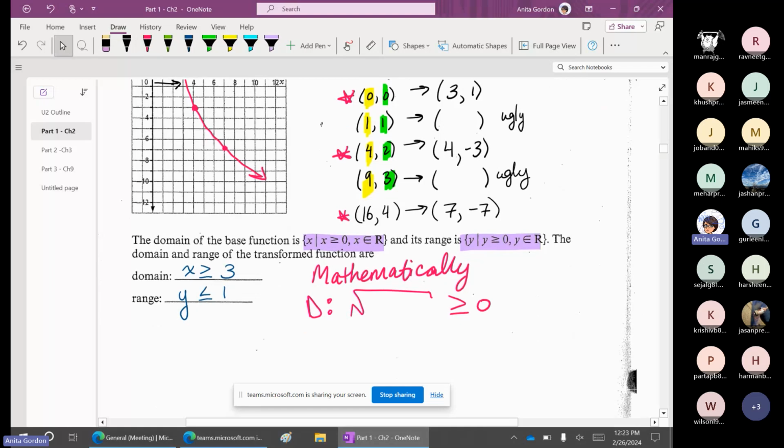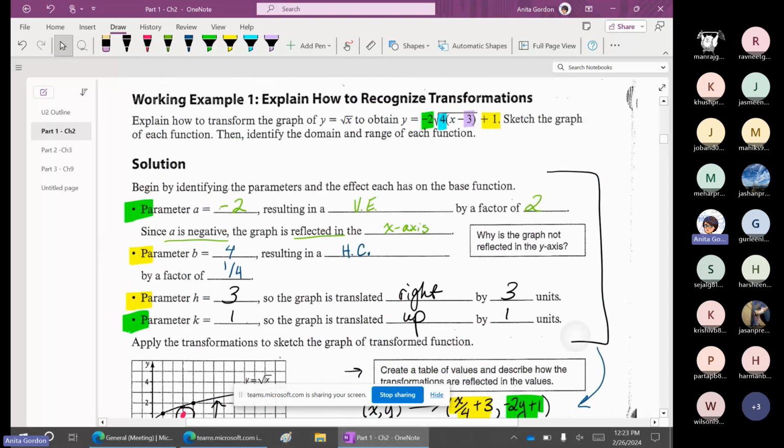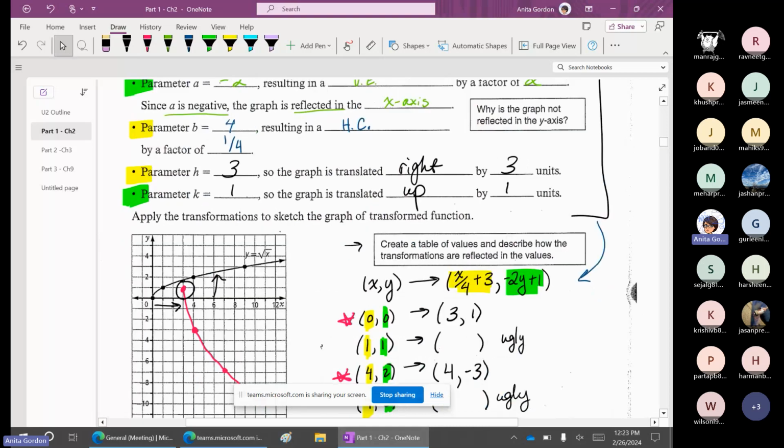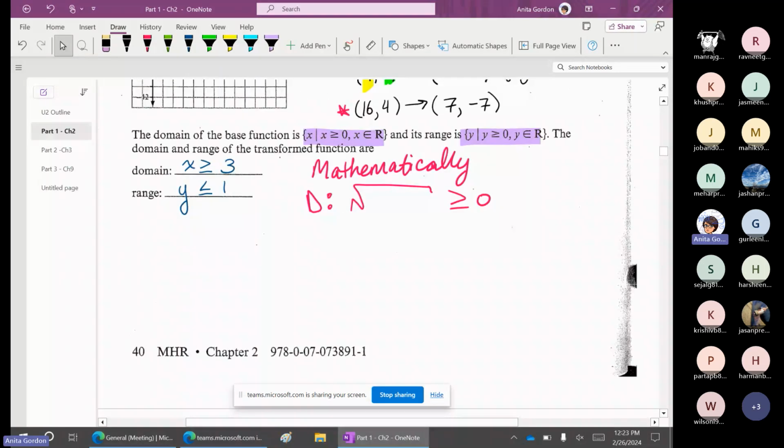So I'm going to take what's inside of my radical, 4 bracket x minus 3. 4 bracket x minus 3 has to be greater than or equal to 0. And I solve for x. I divide by 4, gives me x minus 3 has to be greater than or equal to 0. And then I add 3. So x has to be greater than or equal to 3. That is what I originally started with.